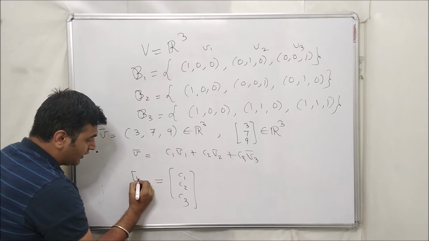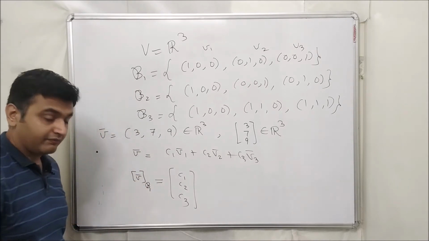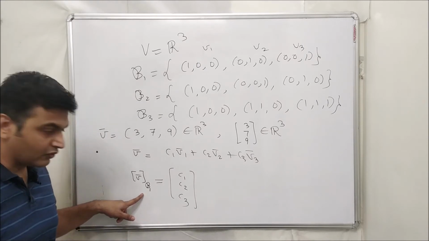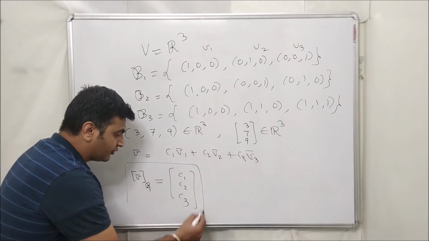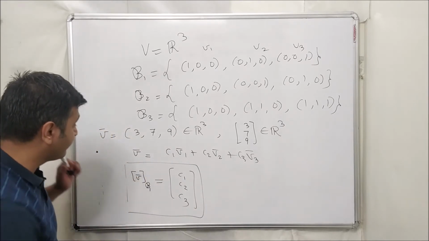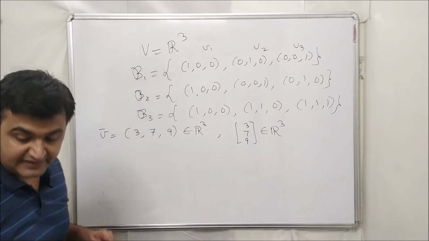How will I write it? V bar in square brackets, and in the suffix I will write B1, because this is the coordinate vector for this basis. This is the notation that you usually come across. So let's try to find the coordinate vector for this vector in the ordered basis B1.